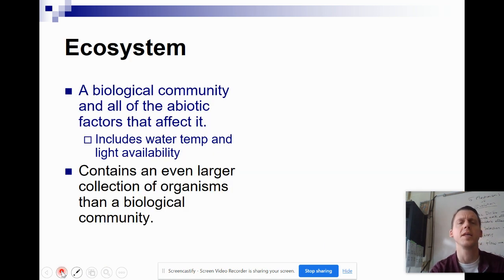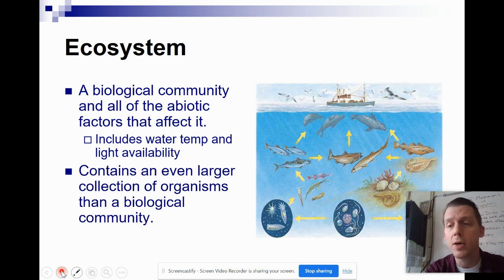Bigger than a community is an ecosystem. An ecosystem takes up a bigger space than a community, and it also contains the abiotic factors. Water temperature is an abiotic factor, right? That's what makes an ecosystem in tropical waters different from an ecosystem near the Arctic, the water temperature. Light availability, minerals present.